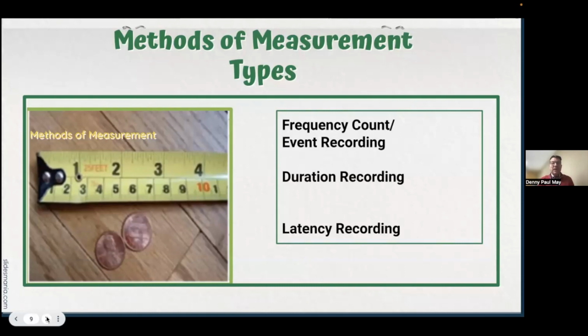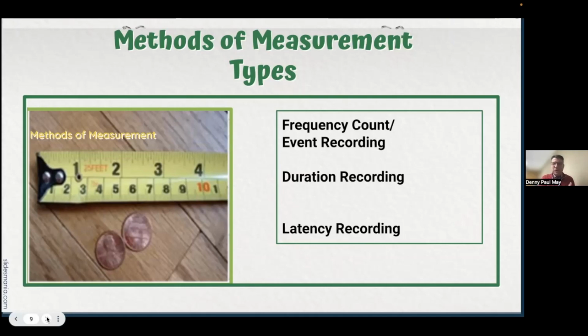And so if you use a checklist and the student is getting 4 out of 8 of the items on the checklist, you're eventually going to turn that checklist into a frequency count or an event recording where it makes sense that they're getting 50% of that correct at this point. Now, a duration recording, lots of times we use in behavior when we're thinking about how long a behavior lasts.